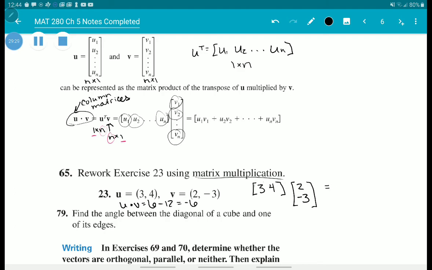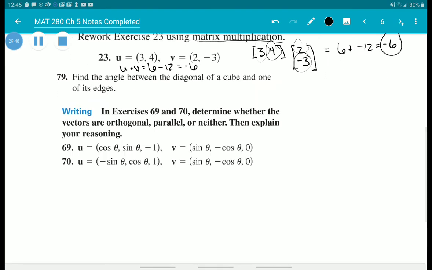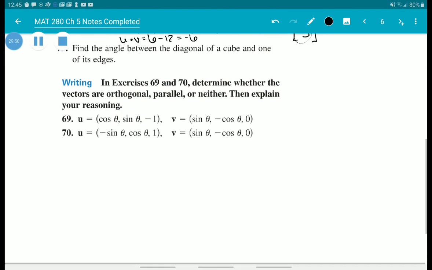And if we multiply these together, and then those, you can see how we're going to get that same value. So we can view dot products and matrix multiplication pretty much in the same way.